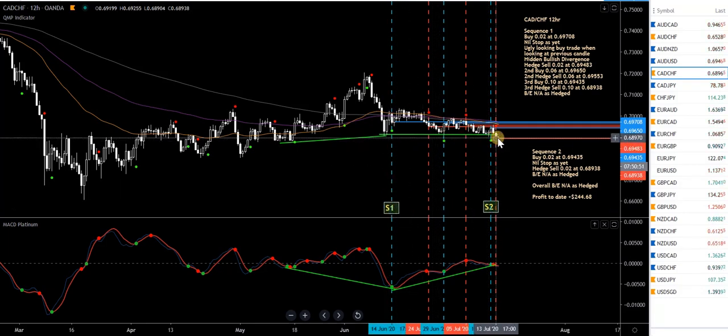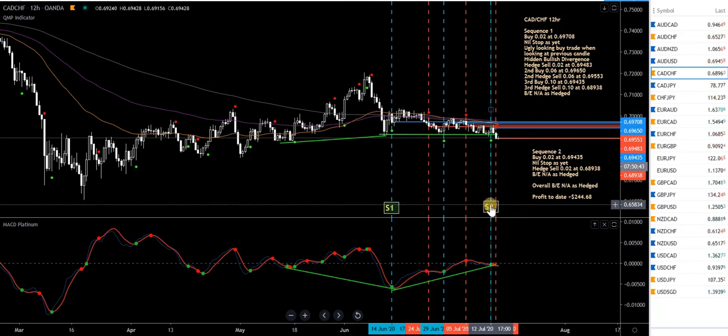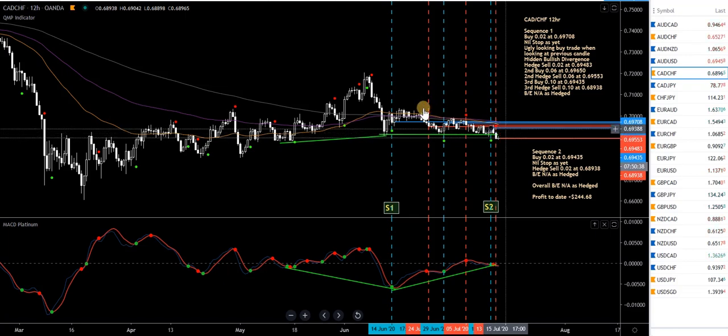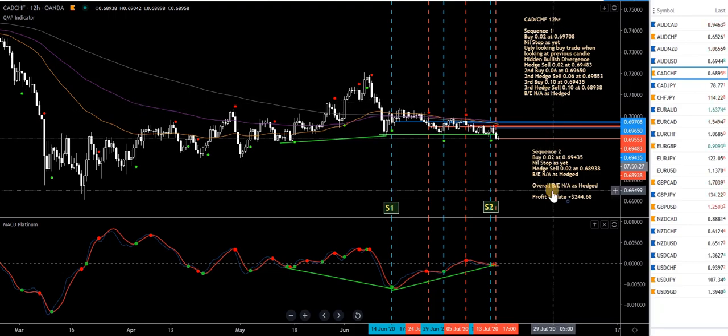So all I've basically done is taken a hedge sell for sequence 1, so it's that third hedge sell, and a hedge sell on sequence 2. So it's a buy and a hedge sell. So I'm locking in a small loss on sequence 2 and probably locking in a loss on sequence 1. So when you see B/E, N/NA, it's break even, non-applicable as hedged.